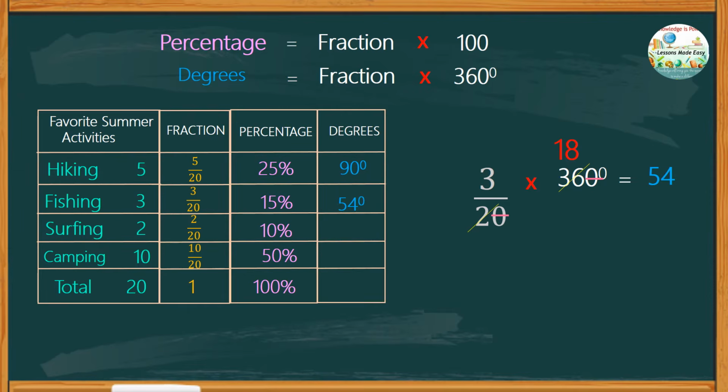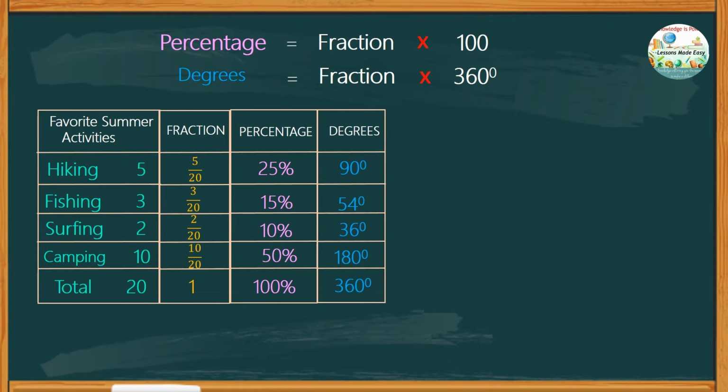Just change the numerator to 2, then multiply by 18, we get a product of 36 or 36 degrees. Lastly, for camping, just change the numerator to 10, then multiply by 18, we get a product of 180 or 180 degrees. Altogether, we have a total of 360 degrees.